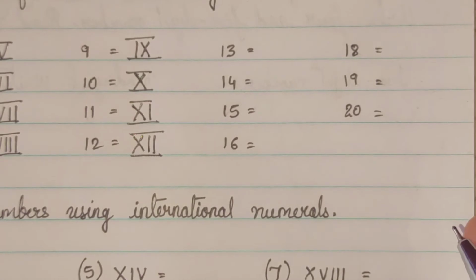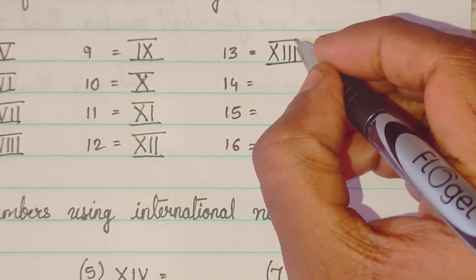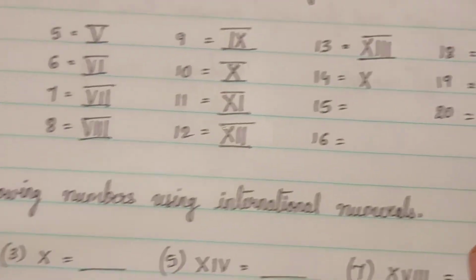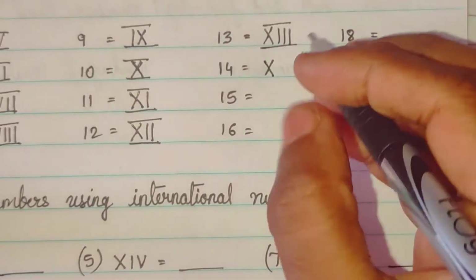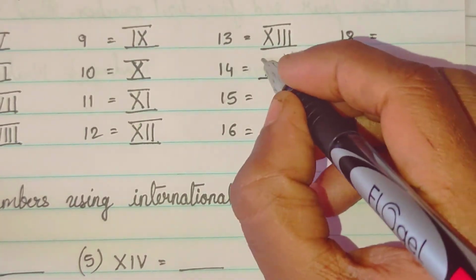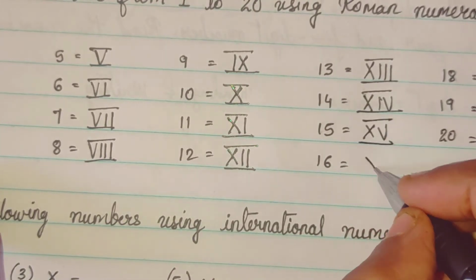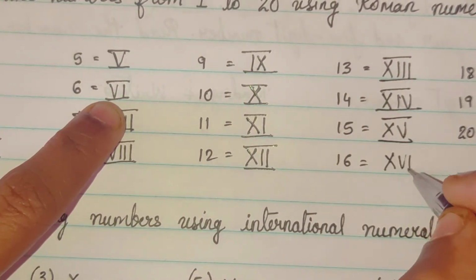Then 10 plus 3, 13. 10 plus 4: we know how to write 4. So 10 plus 4, 14. 10 plus 5, 15. 10 plus 6, 16.